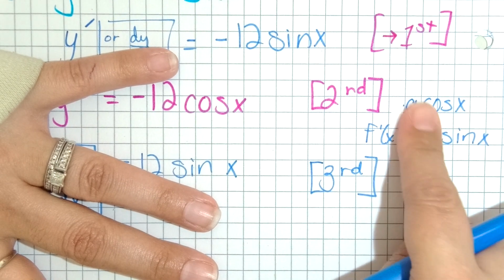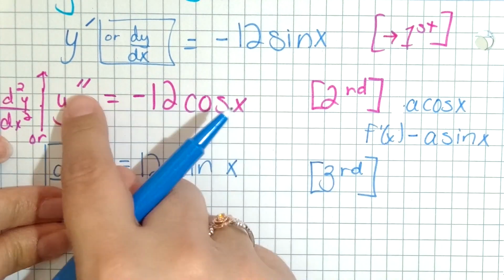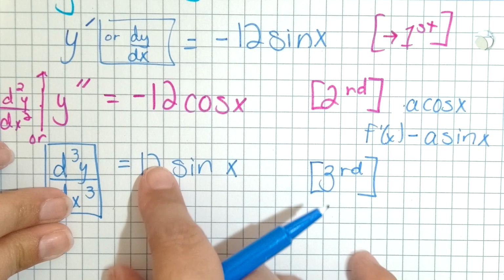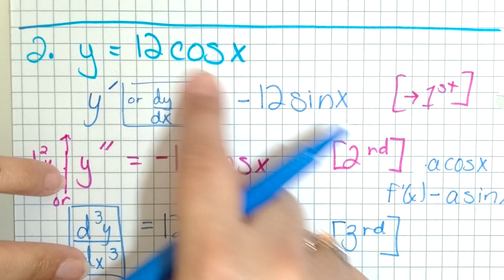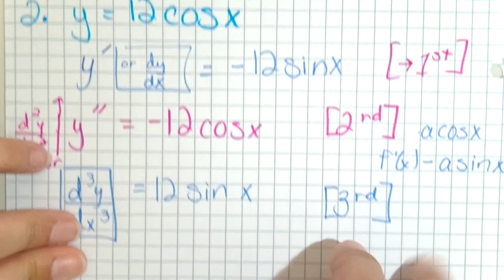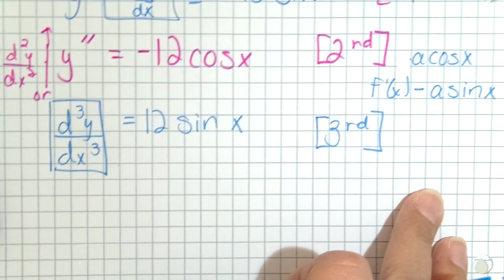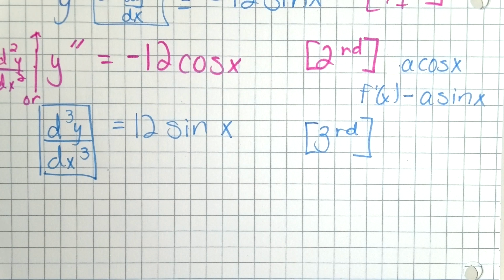So that means it's going to switch the coefficient. If it's negative, it becomes positive. If it's positive, it becomes negative. Got it? Like up here, it became negative. So you just have to switch back. Okay? Questions? Are we sure? Okay.